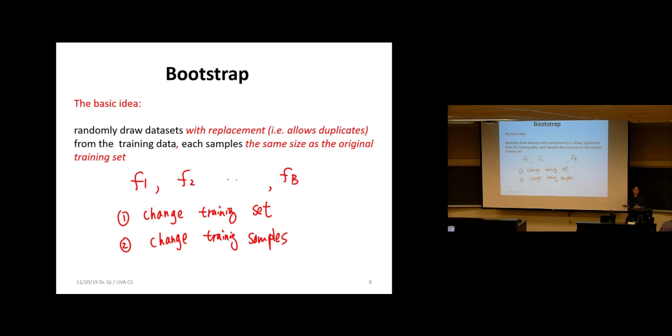It will be clearer later why you want the same n, but I want each new training set for each F1 until FB to have the same size. And how do you do it? The simplest way is to bootstrap with replacement.